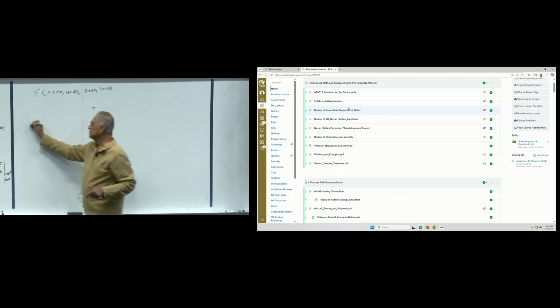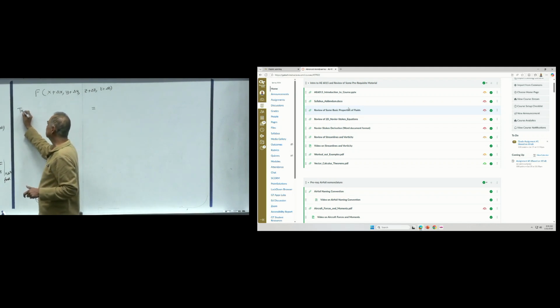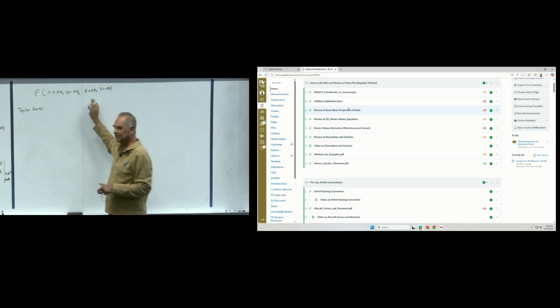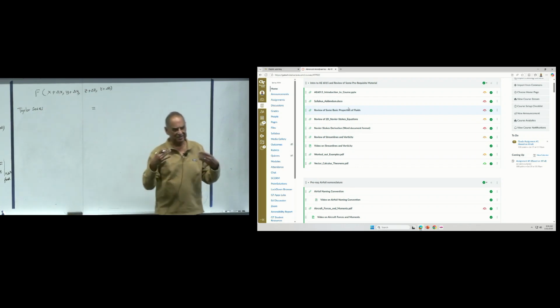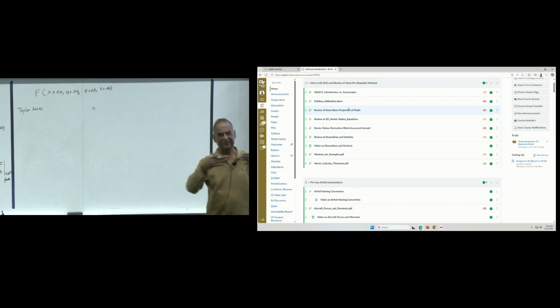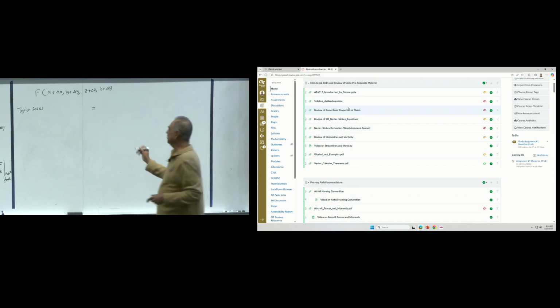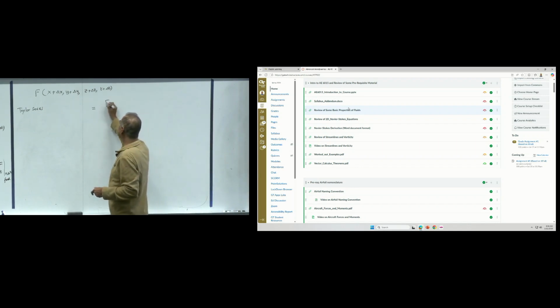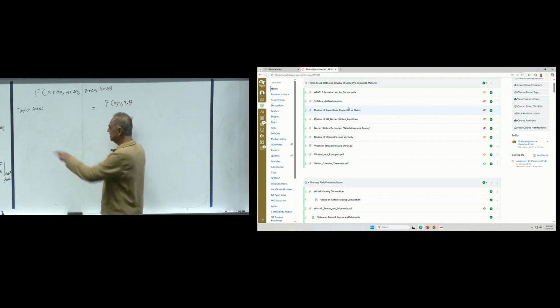So we are going to use a Taylor series. We will truncate it after the first order terms, because the second order terms will eventually go to 0 when everything goes to 0. So the leading term would be f at x, y, z, t, which is the starting value.